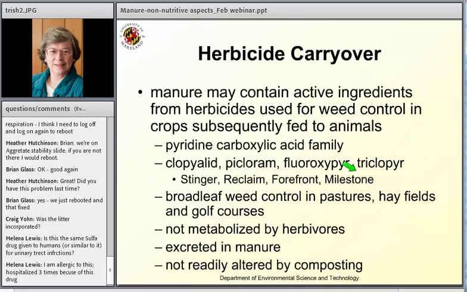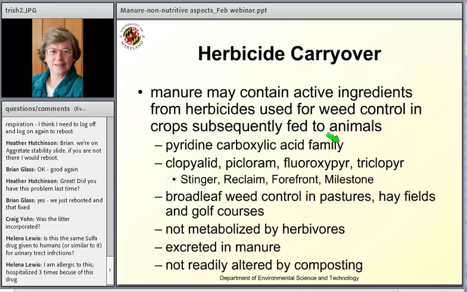Okay, let's look at a little herbicide carryover, because this is a very interesting story. Manure can contain active ingredients from herbicides that were put on the crops grown in the fields where the manure was applied. Okay? And the big daddy here are things that belong to the pyridine carboxylic acid family.